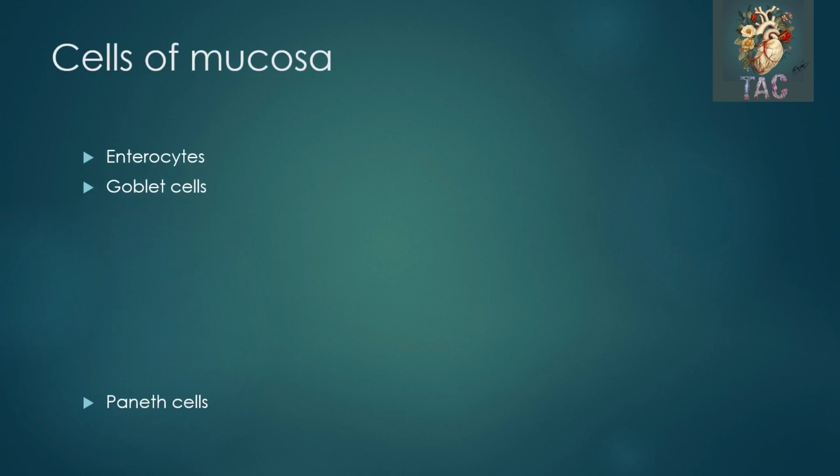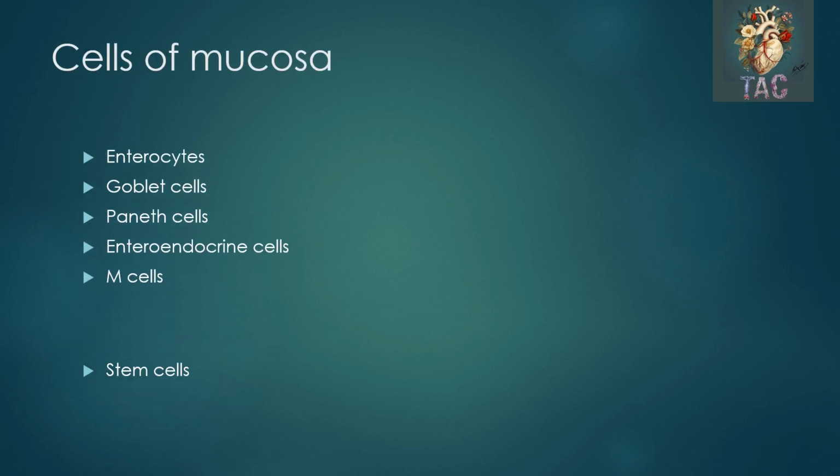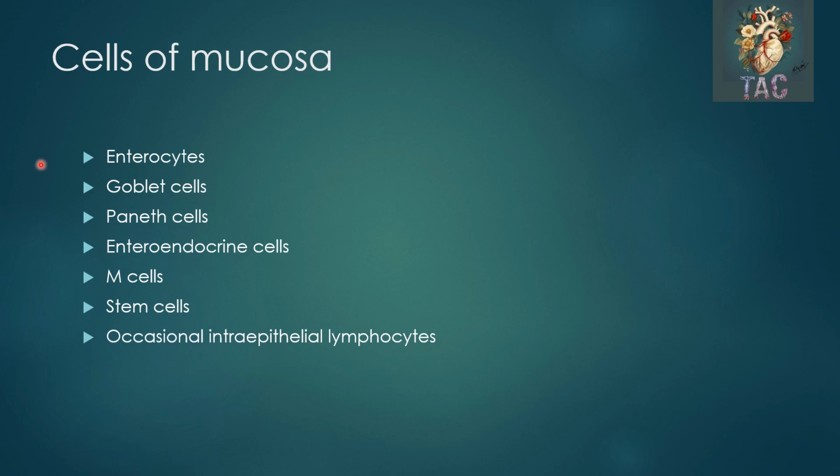So now we move on to the cells of the mucosa. Nearly 7 types of cells are present in the mucosa. These are enterocytes, which are simple columnar epithelial cells; the goblet cells, which are mucus secreting in nature; Paneth cells, containing lysozyme, present at the bases of the glands; and enteroendocrine cells, which secrete different enteroendocrine hormones.